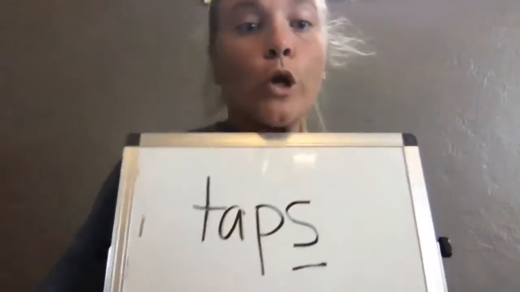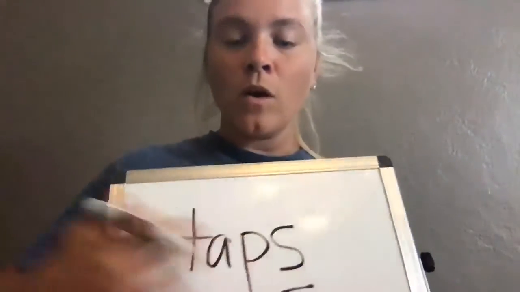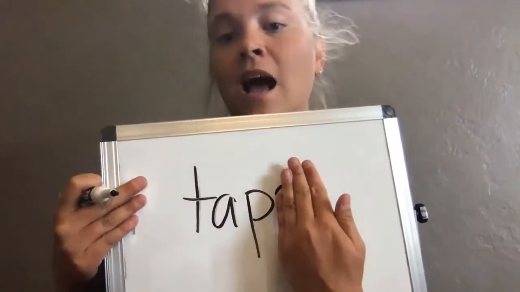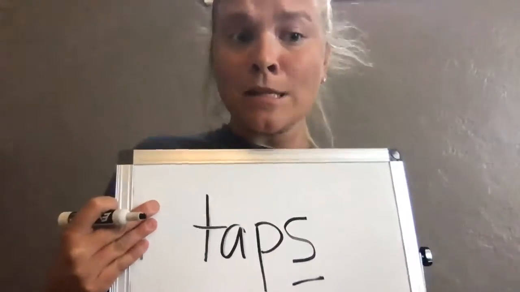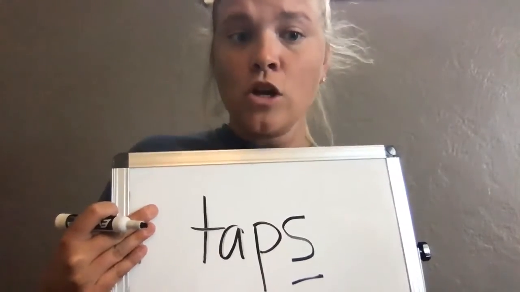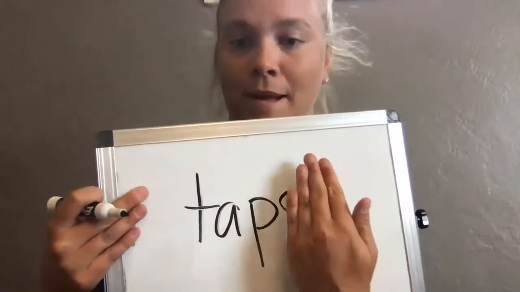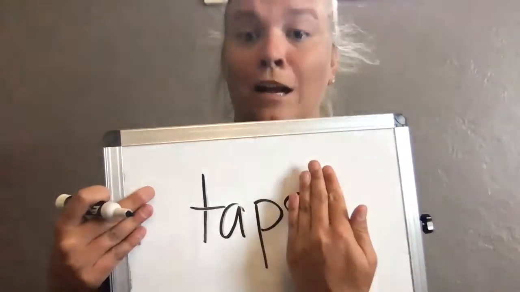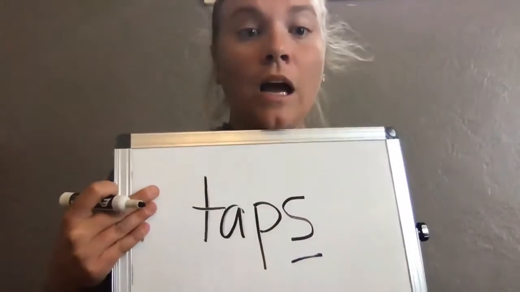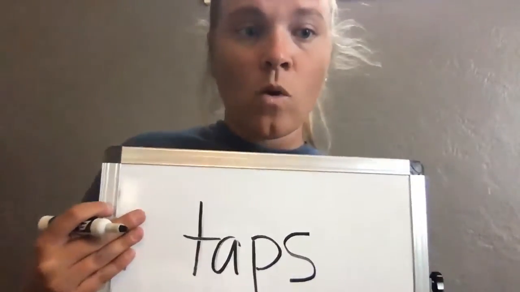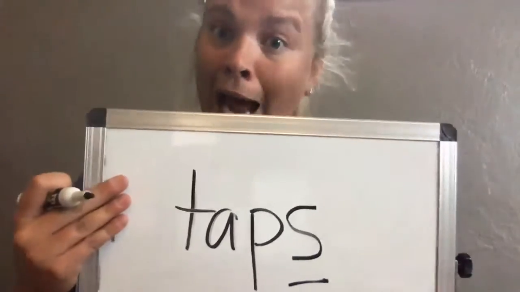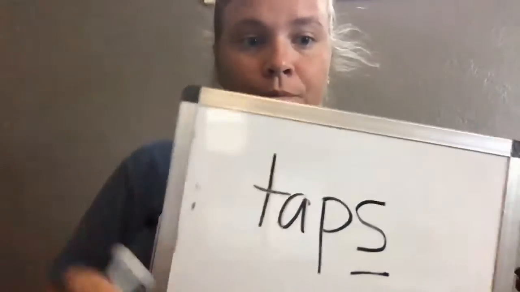Or you could have I tap and get rid of your S. I tap my pencil, or he taps his pencil, all right? So if I have I tap my pencil, I want to turn it into an action word. So I would say, she taps her pencil. Or the dog taps his tail.